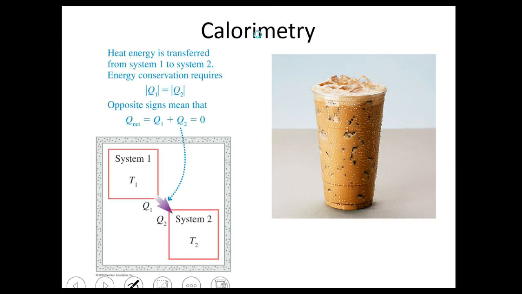Okay. Which leads us to our last idea, that of calorimetry. You see the word calorie in here? Because this is actually a process that your body goes through, and we can convert calories to joules, heat in and heat out.